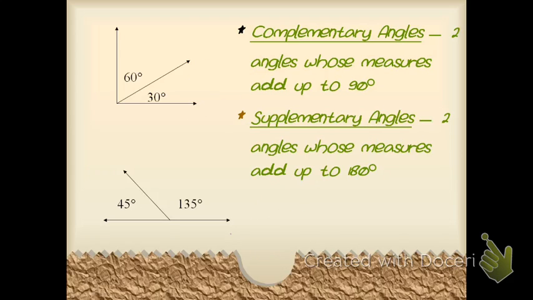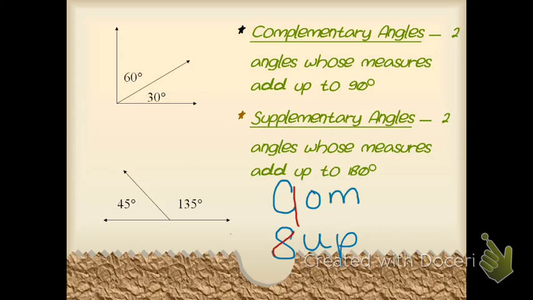Now, I will show you my little trick to remember these. If I write out complementary, I'm just going to write out the COM, and I'm going to write out the supplementary, which looks like SUP. If I take a line here, what does that look like? 90.